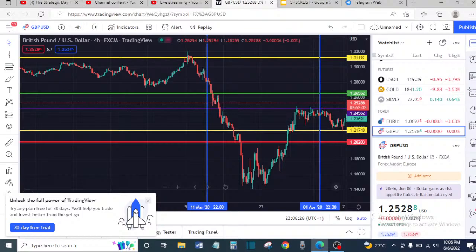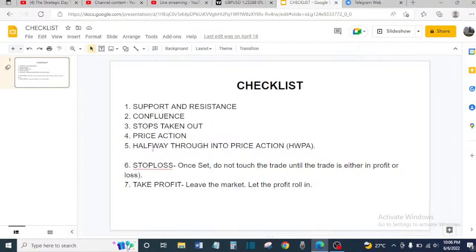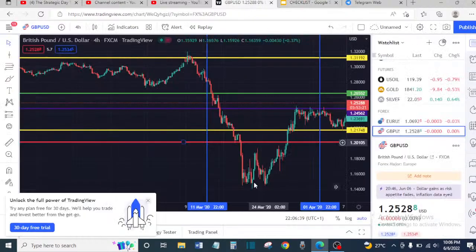Now, I usually say that the next point after the price action is halfway through into the price action. Now look at what happened here. When I said halfway through into this price action, this pin bar, you can see stops here. These stops were clearly also taken out.